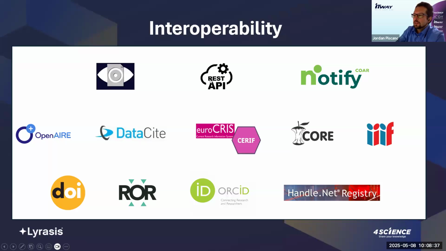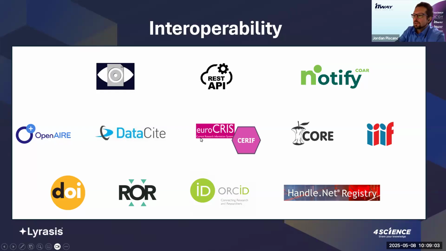In the last year, with DSpace 7, we moved to a modern protocol, a modern infrastructure using REST API. And the last thing that we are implementing, and I think this is an evolution starting from OAI-PMH, is the COAR Notify protocol.